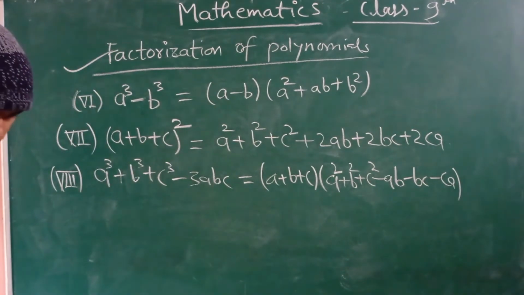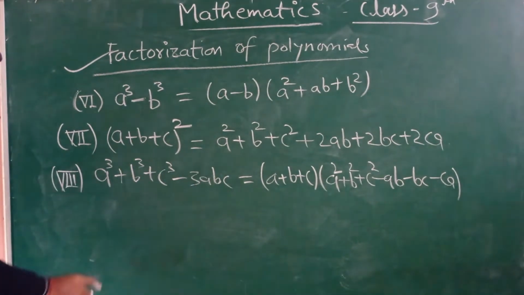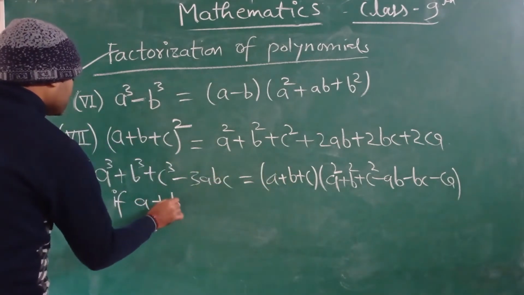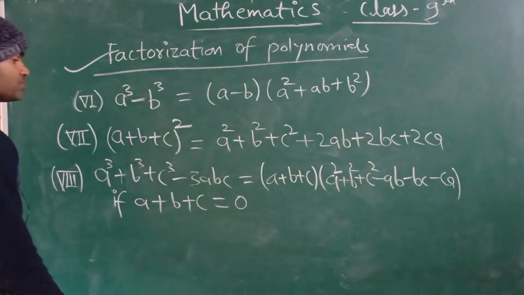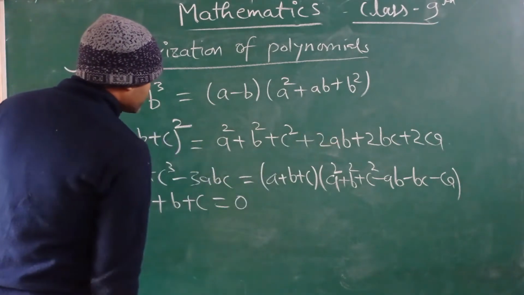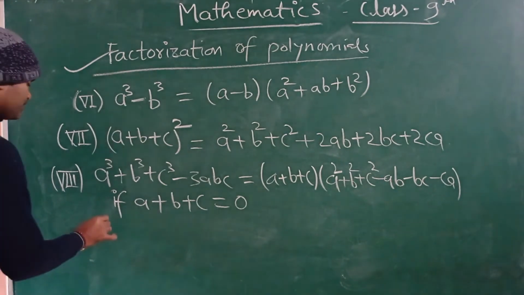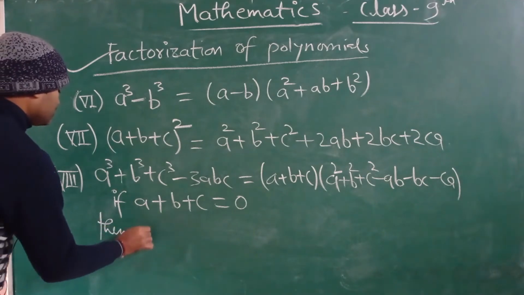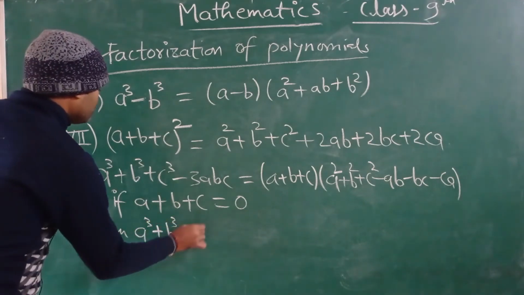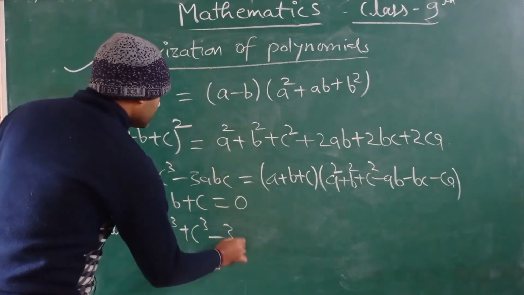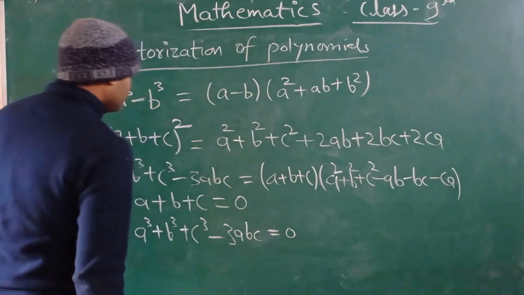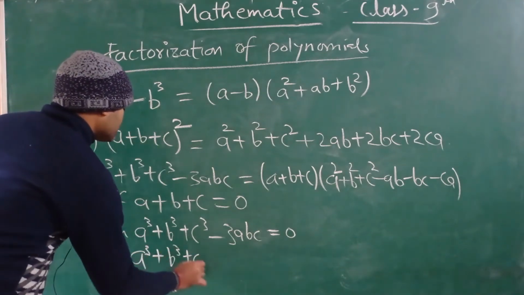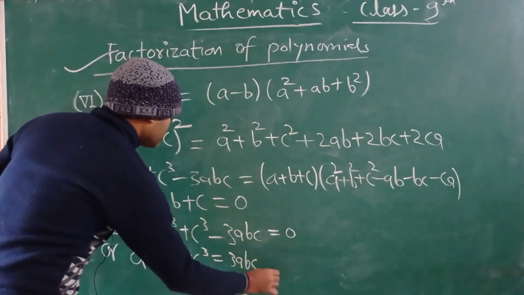There is one special case for this a cube, b cube, c cube and minus 3abc type. If the sum of these three numbers, that means a plus b plus c, becomes equal to 0, then this whole right hand side will be equal to 0. So if a plus b plus c is equal to 0, then a cube plus b cube plus c cube minus 3abc is equal to 0, or a cube plus b cube plus c cube is exactly equal to 3abc.